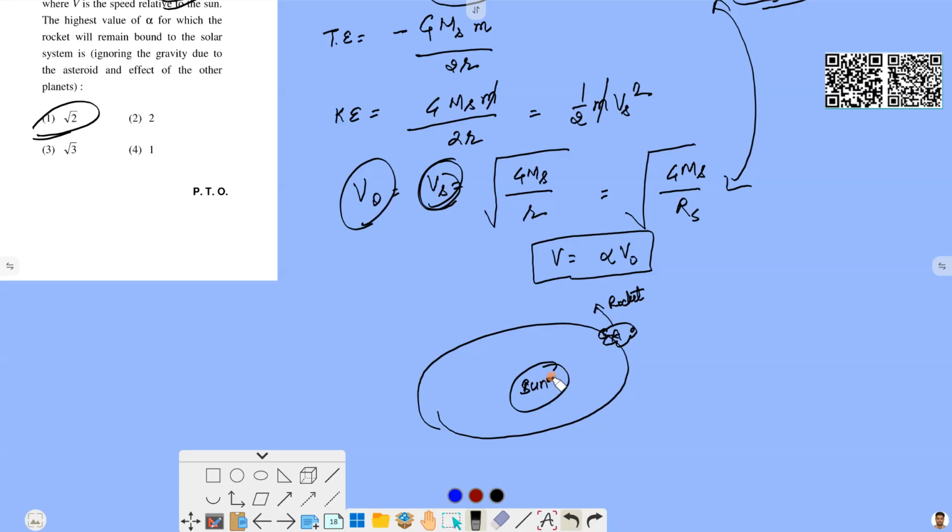Now, as mentioned, this distance is not given to us. So what we have assumed is that this asteroid is orbiting near the surface of the sun, and this rocket is also orbiting near the surface of the sun.